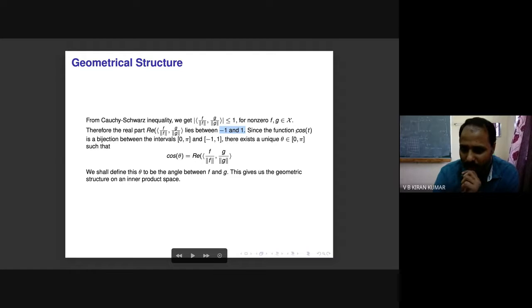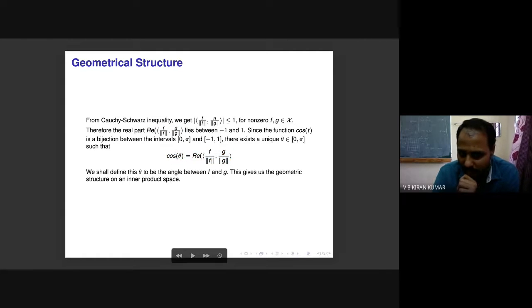Now consider the cosine function, cos t. It's a bijection between the intervals [0, pi] and [-1, 1]. So this element is in this interval, and there exists a unique theta such that cos theta equals that real part.